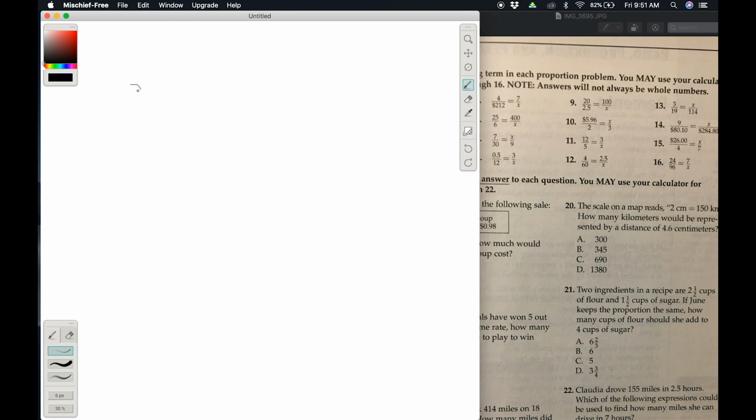So like I was saying, it's easy to forget because there's so many formulas. One thing for this particular one, I like to think of it like this. Let me write this first. X over 18.